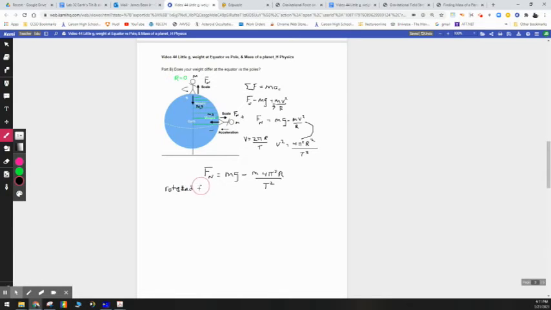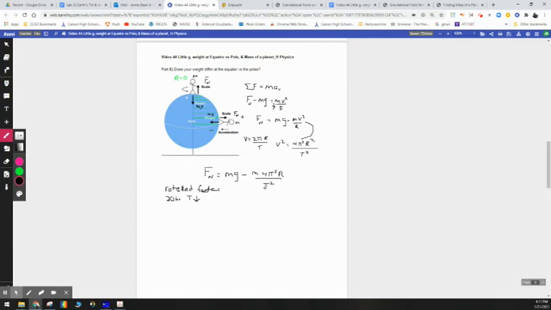So let's say instead of 24 hours, it rotated in 20 hours. So let's say the rotation was 20 hours. That means that the period decreased, the rotational period decreased.